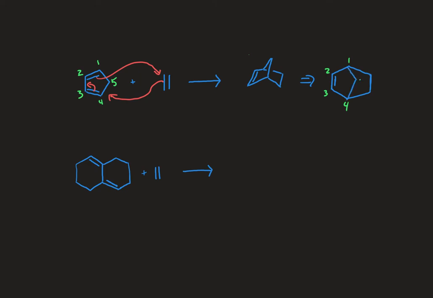This is carbon 5. Over here, this is carbon 1, 2, 3, 4, and 5. In this bottom example, there's no reaction. This diene is locked in the S-trans conformation, and so it cannot undergo a Diels Alder reaction.